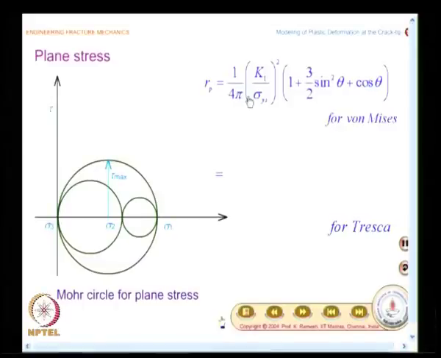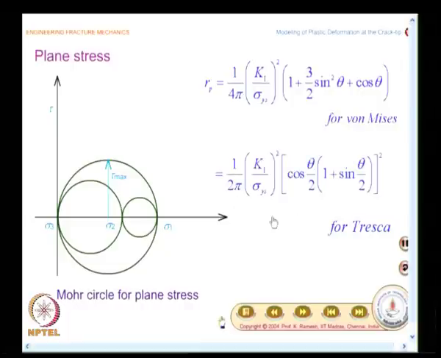This is an accepted practice, and what we are now trying to look at is how the plastic zone shape differs with respect to plane stress as well as plane strain, and also with respect to the invocation of the yield criterion by von Mises or by Tresca.